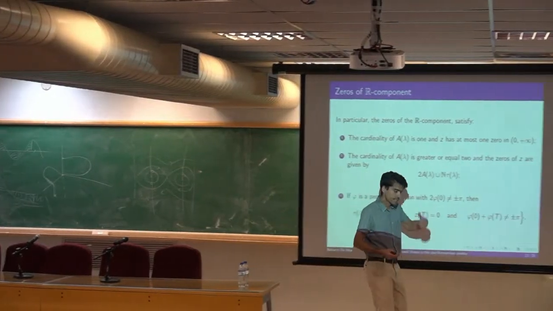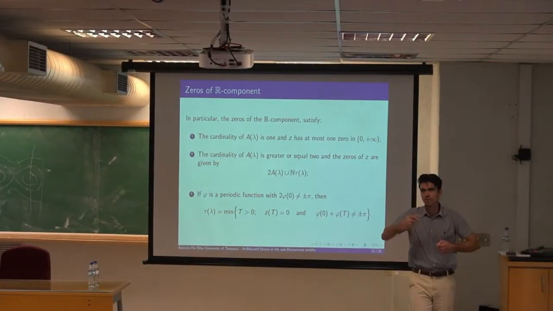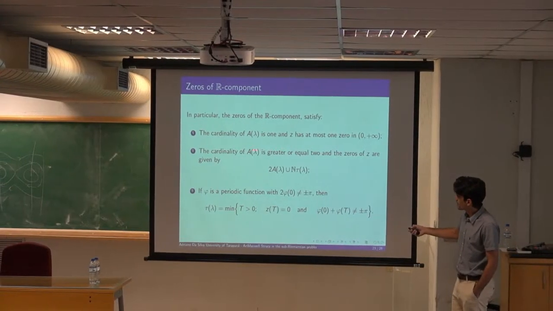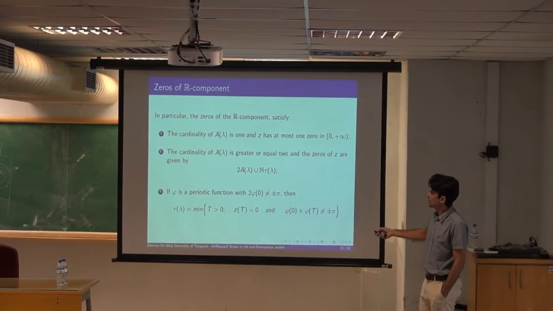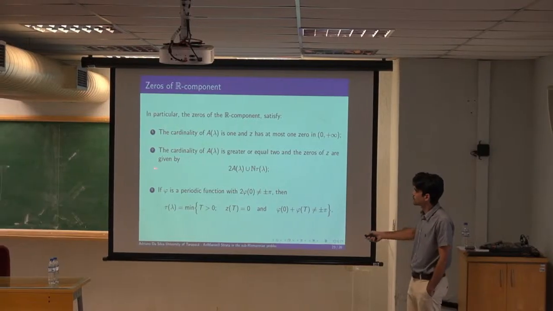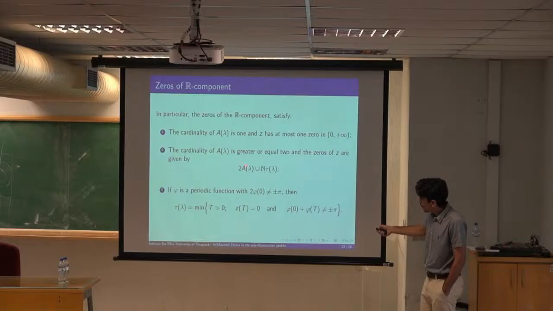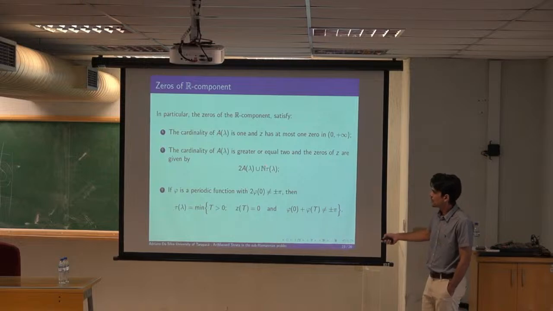It can be, in the case where the determinant is positive, the ones that are inside the region. And if the cardinality is greater or equal to 2, you actually have an infinite number of zeros, because you have a periodic function, and they are always 2 times one element of here, or a multiple of the period. And the infimum of the time satisfying both conditions is precisely the period.